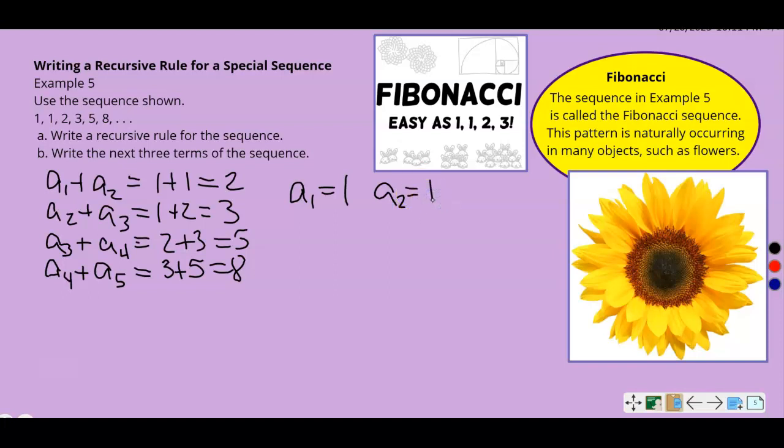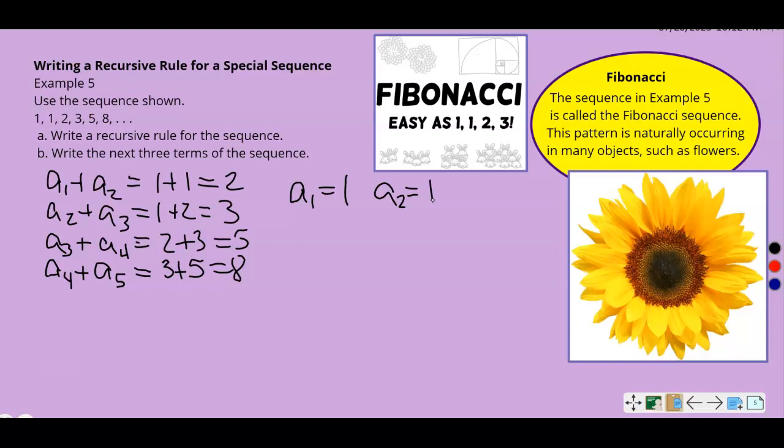Instead of just defining the first term, we're going to define both of the first two terms since they're the same. We really have to start with the third term, because with the third term, that's when we really start noticing the pattern. Each term is the sum of the two previous terms.